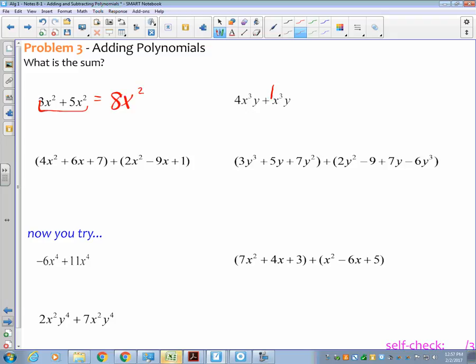I have 1 x cubed y and 4 other x cubed y's. Those items are going to add together, so I have 5 x cubed y. But you have to have exactly the same power and letter. Correct. You can't combine an x cubed and a y cubed.